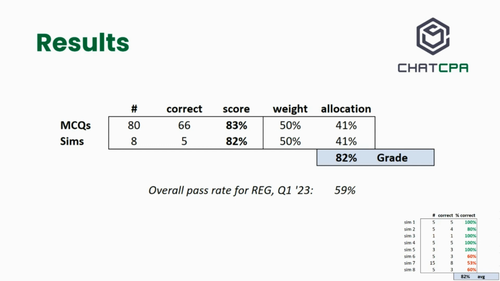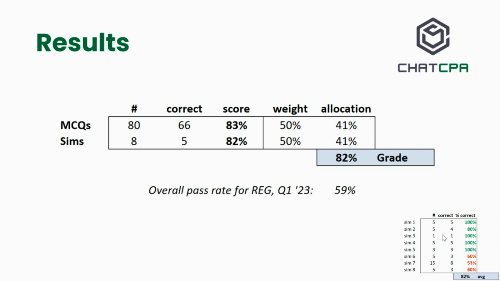And I wanted to point out that on the sims, there's 8 sims, and to give it a score here, as you can see in the bottom right corner, the model got, for example, on sim 1, 5 out of 5 correct for a 100% score. On sim 2, 4 out of 5, 80%. To grade this, I had to just take the average of each of the 8 sims, which is 82%.